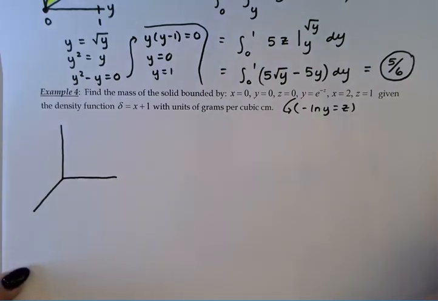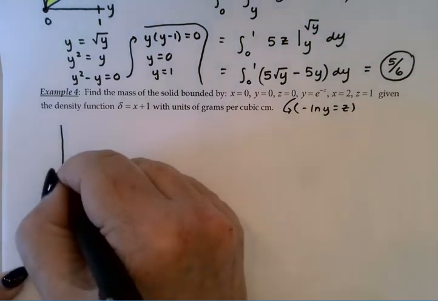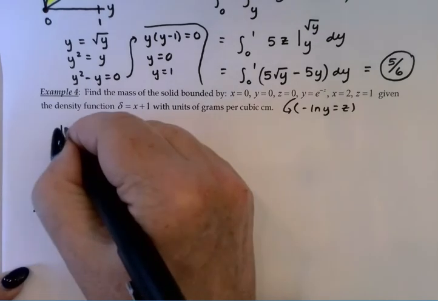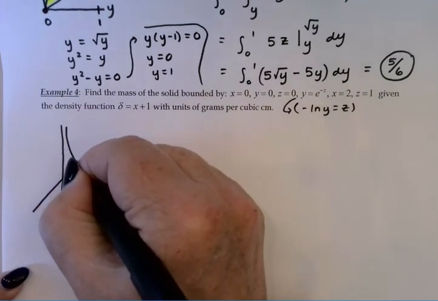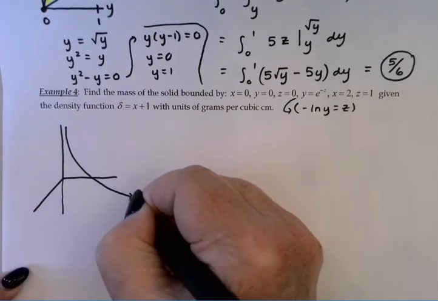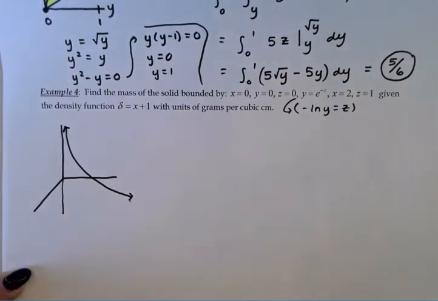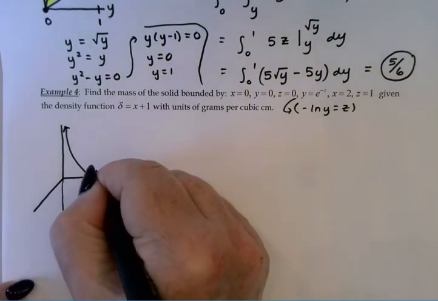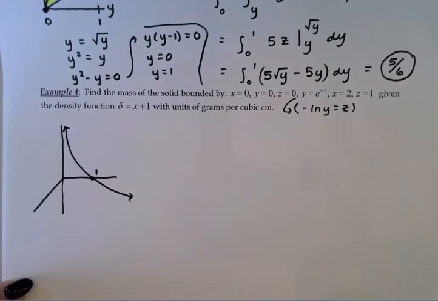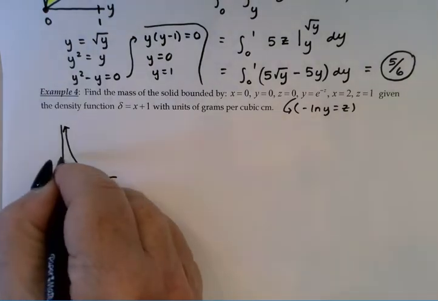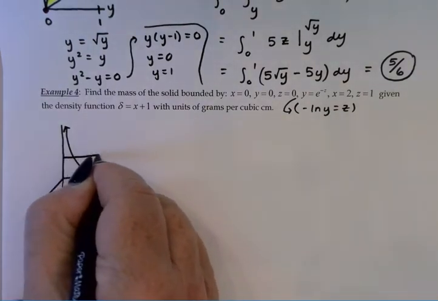So, a negative ln y. That would look like this. Natural log curve, but upside down. Goes through here at 1. Z equals 1. That's just a horizontal line here.